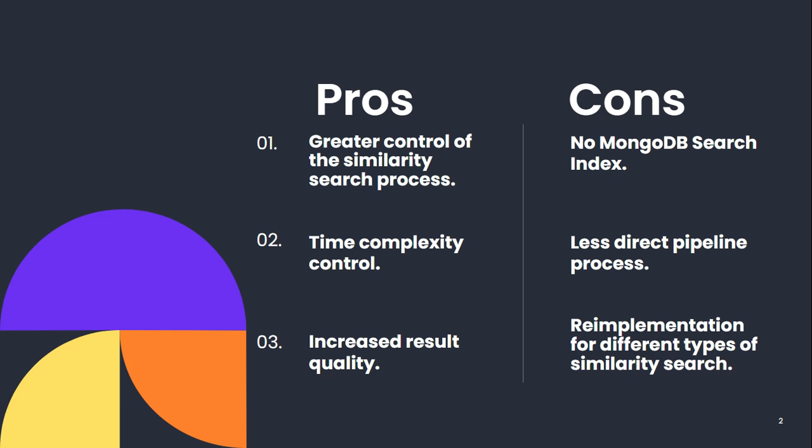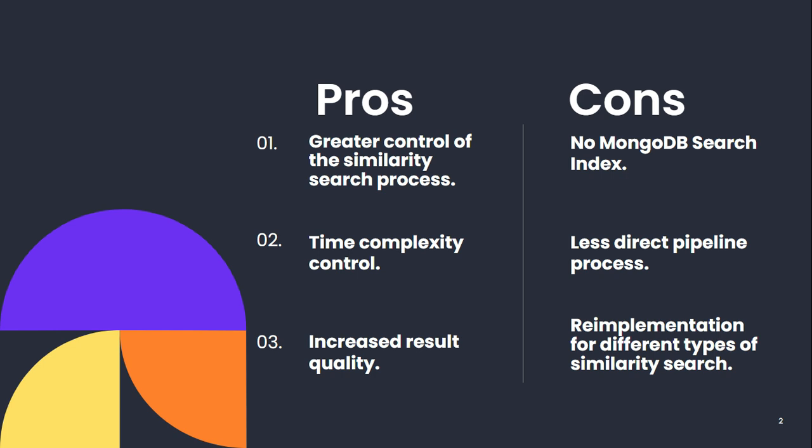Time complexity control. The implementation shown earlier results in a big O of n for the outer for loop. However, this can be reduced to big O log of n with a divide and conquer approach. 3. Increased result quality. The manual dot product search returned exactly the number of specified transactions in the order most similar to the query.